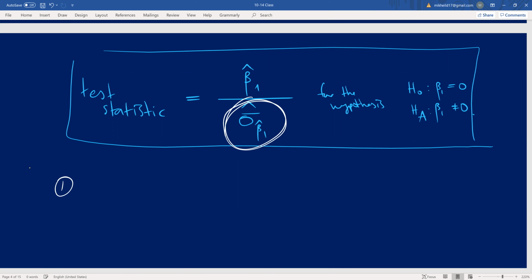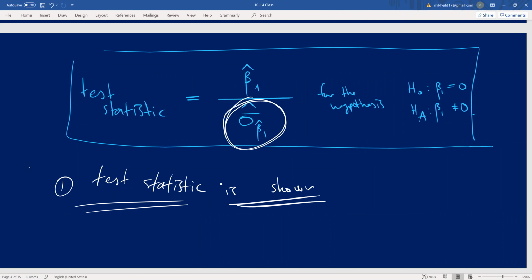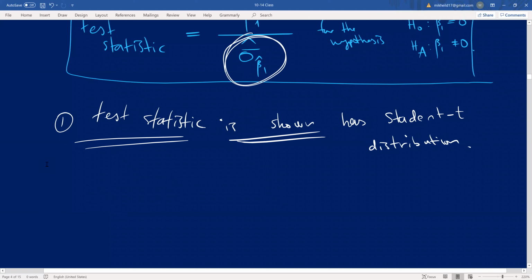First, this test statistic has a student t distribution. What does it tell you guys? Why do we care about that? Why do we care about this?